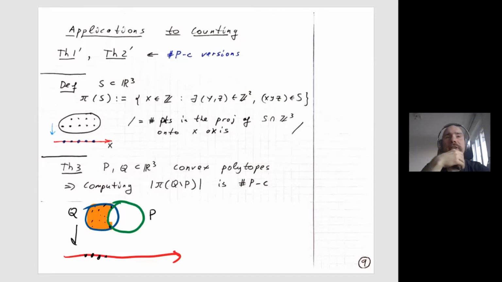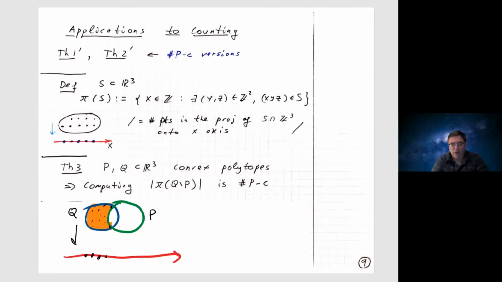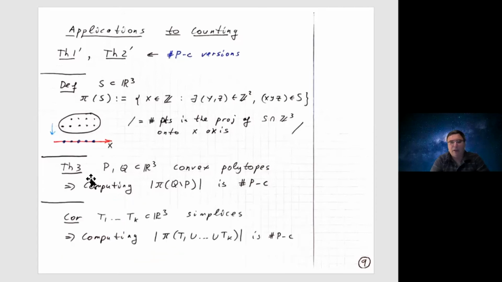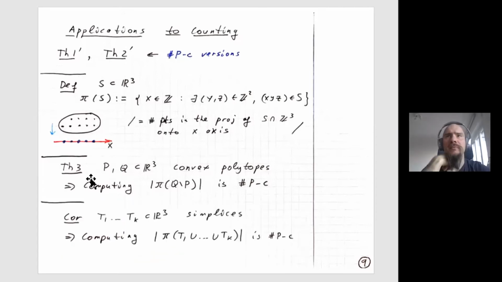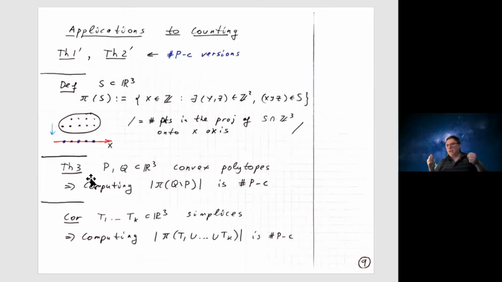And what about other operations you can do on two sets, like union, symmetric difference? Symmetric difference works the same way as the difference. However, the union works out differently, and this is going to be my corollary later. If you take a union of many things, it doesn't. So it depends on how many polytopes you take the union of.